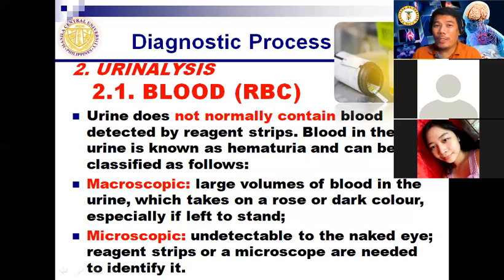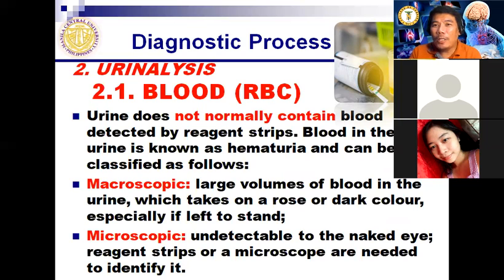Let us now proceed with the blood. As I have told you, red blood cells are not normally contained and detected in the urine. As we have mentioned, the presence of blood in the urine is called hematuria.